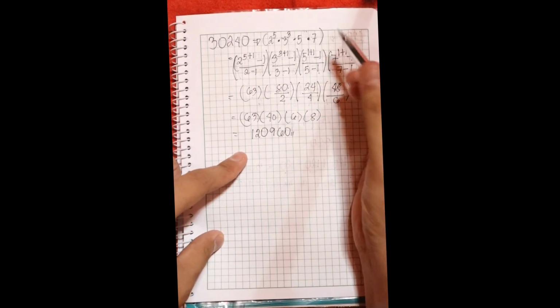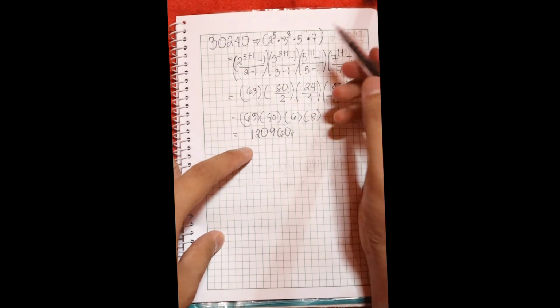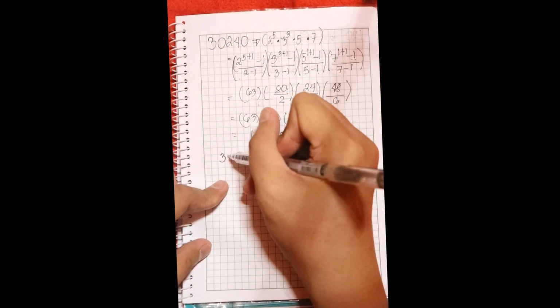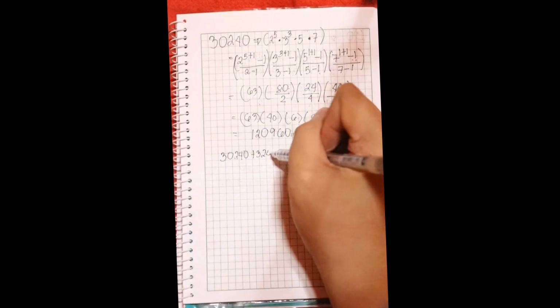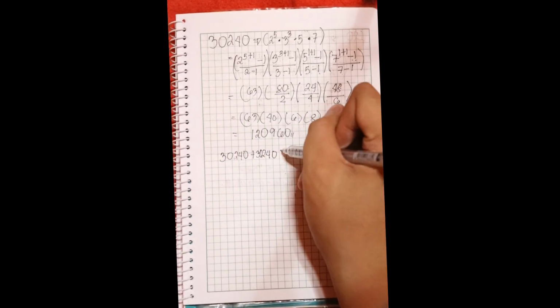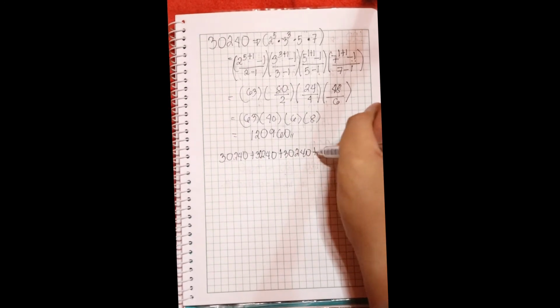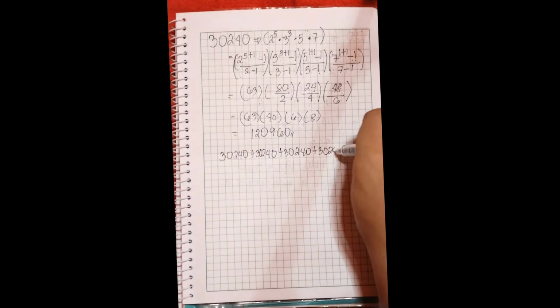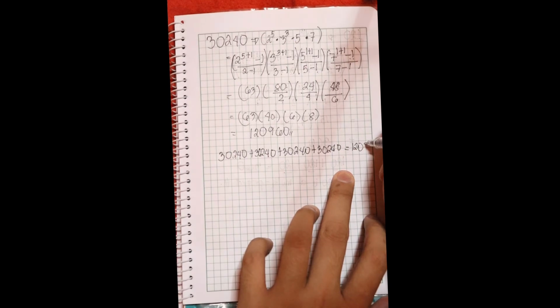120,960. So we are going to find out if it is thrice or more than itself. So 30,240 plus 30,240 plus 30,240 plus 30,240 is 120,960.